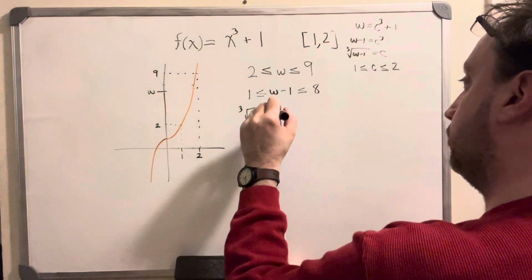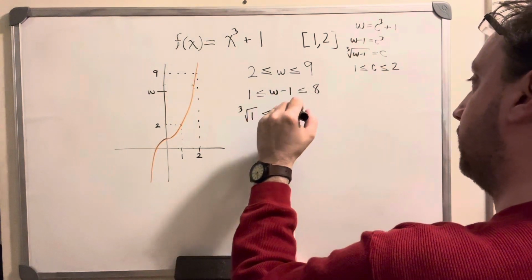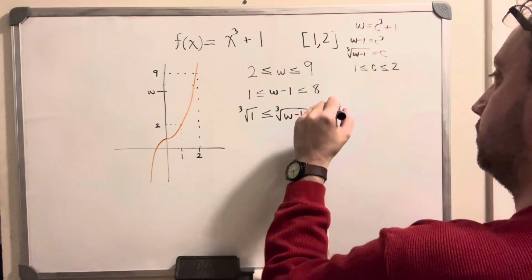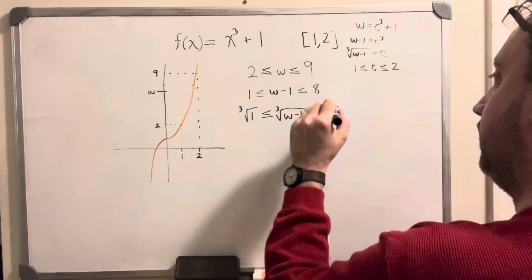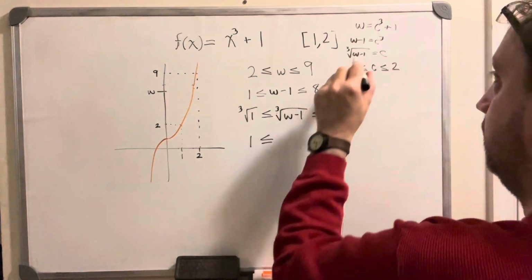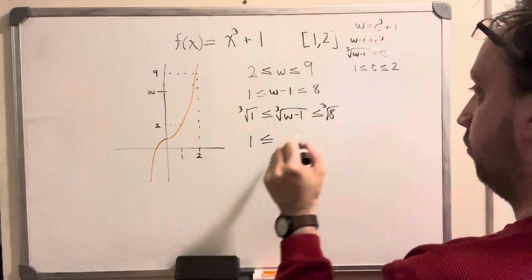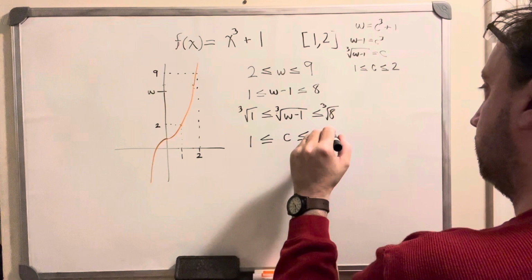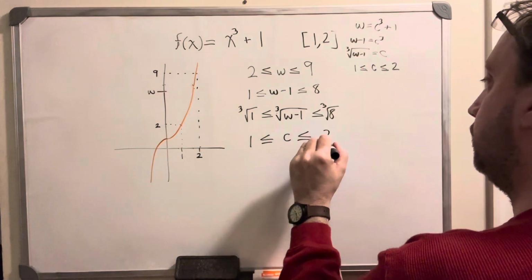So we got the cube root of w minus 1, and we take the cube root of 8. The cube root of 1 is 1. The cube root of w minus 1 is c. And the cube root of 8 is 2.